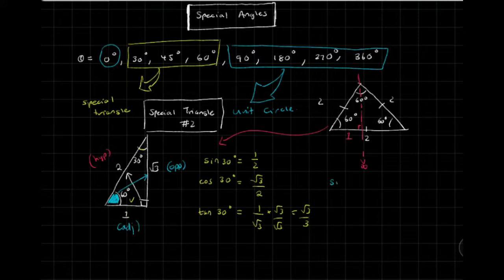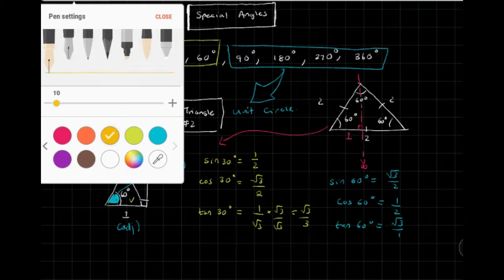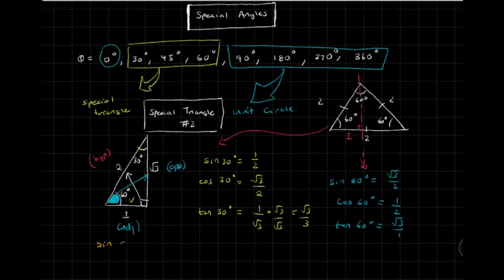So now you can see here that sine 60 degrees is equal to opposite over hypotenuse, square root 3 over 2. Cosine 60 degrees is basically adjacent over hypotenuse, which is 1/2, and tan 60 degrees is equal to square root 3 over 1. You can also see that this cofunction identity is still conserved, right? Now we can see that sine theta is equal to cosine of 90 minus theta, and cosine theta is equal to sine of 90 minus theta.